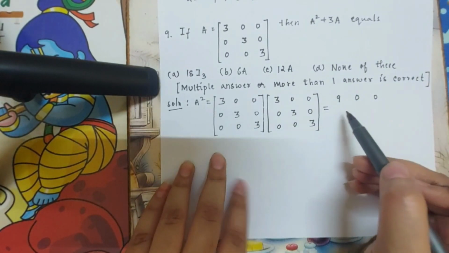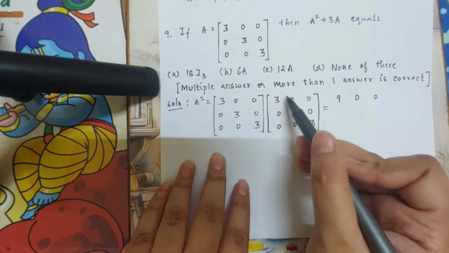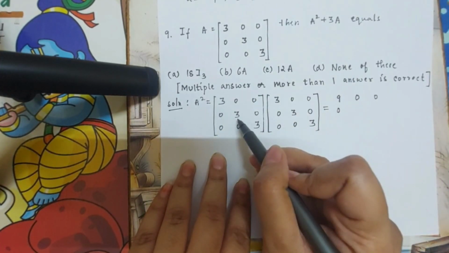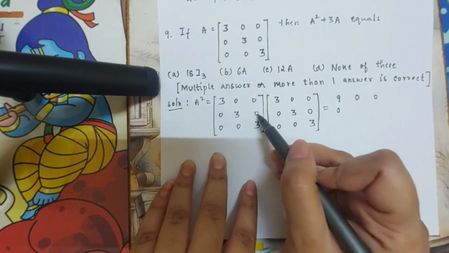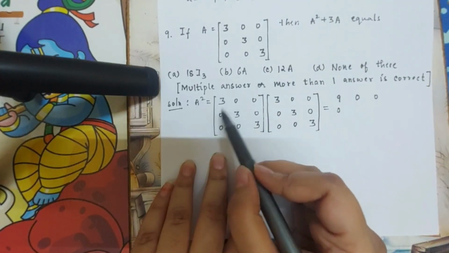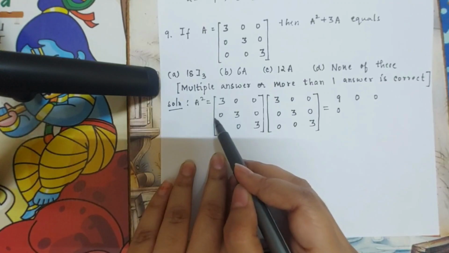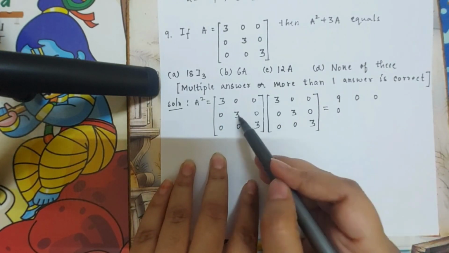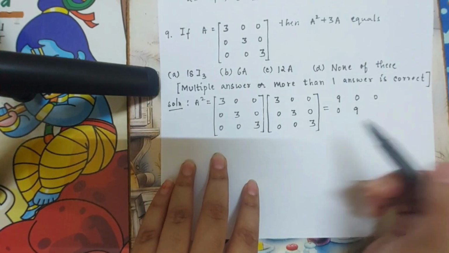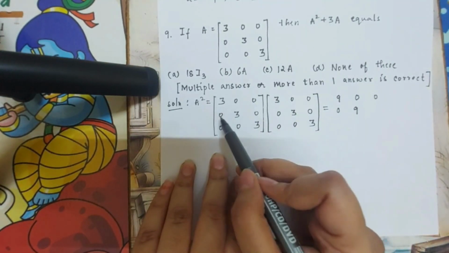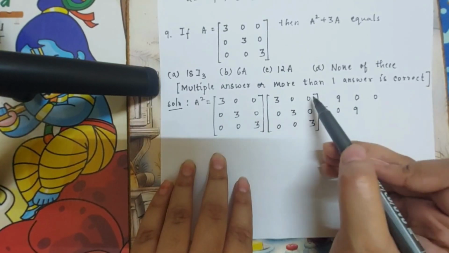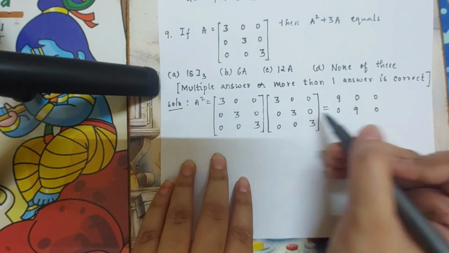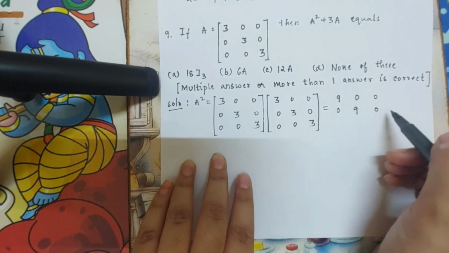Now for the next element, we'll be considering the second row and first column. 0 3s are 0, again 3 into 0 is 0, plus 0 into 0 is 0. Now for the next element, second row with second column: 0 into 0 is 0 plus 3 3s are 9 plus 0 into 0 is 0. Now second row with third column: 0 into 0 is 0 plus 3 into 0 is again 0 plus 0 into 3 is 0.